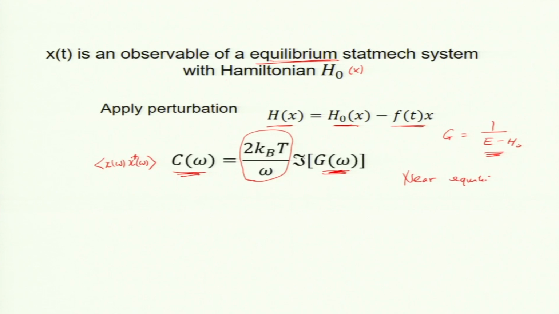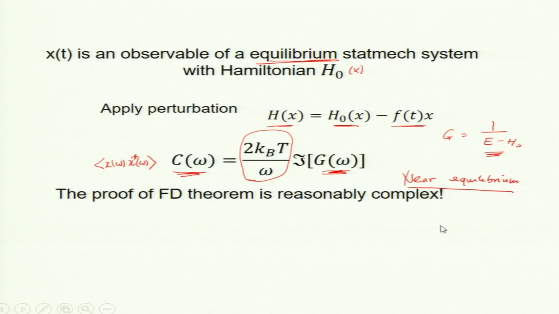Far from equilibrium, this formula will not work. And this proof, you can look at Wikipedia, you will get some idea about the proof, but it is quite complicated. Okay. So, I did not want to do it here.